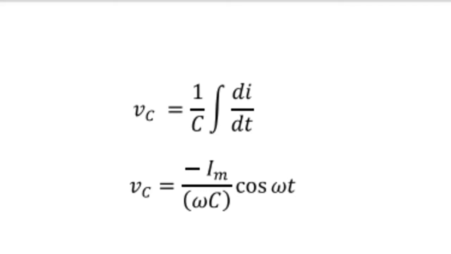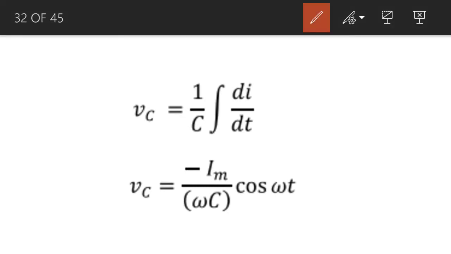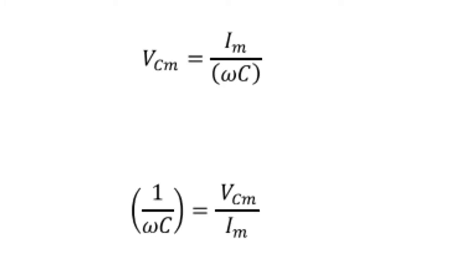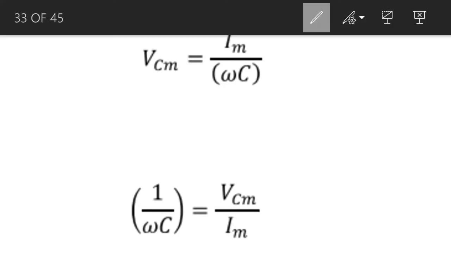And you see, here is the maximum value of this AC voltage. So the maximum value of this AC voltage is equal to the maximum value of the current by omega C. This gives you the maximum value of the AC voltage across the capacitor.